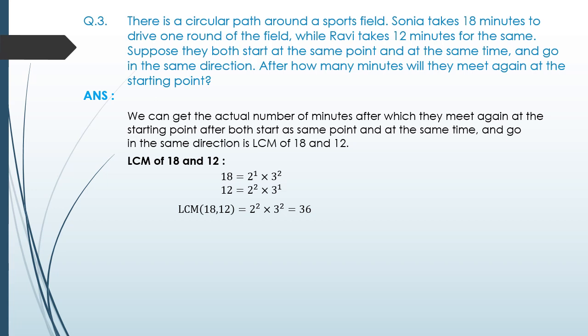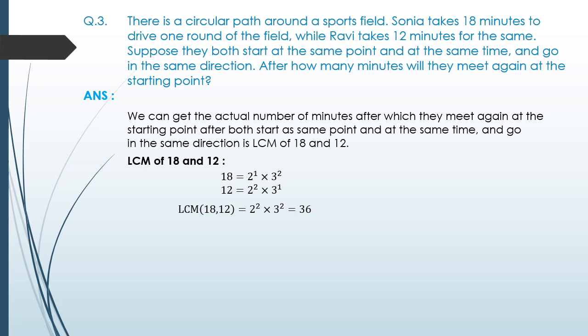But in those 36 minutes, sometimes they may ask you a question, when they will meet again, how many rounds will be completed by Sonia and how many rounds Ravi will complete. So for that, what are we going to do? Here the technique is a bit different. Now whatever LCM we have got is the biggest number. So this LCM we are going to divide by the time taken by Sonia as well as the time taken by Ravi.